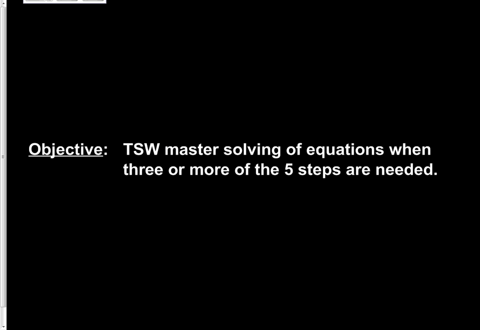Our objective is to master solving of equations when 3 or more of the 5 steps are needed. I think what you're going to find as you move into Algebra 2 is the vast majority of equations that you end up needing to isolate a variable in, you're going to need probably 3 steps of the 5 steps and sometimes 4 steps of the 5 steps.